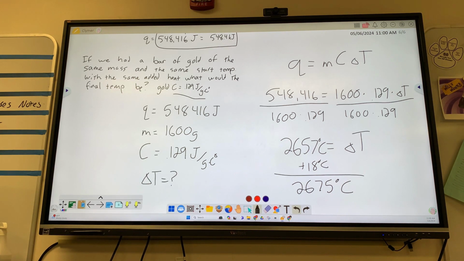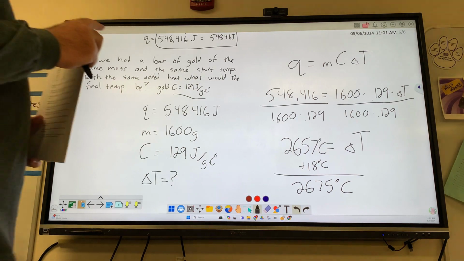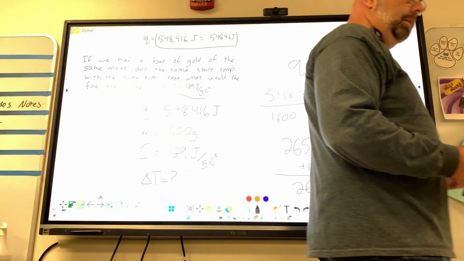So, if we put the same amount of heat into the same amount of gold as we had water, the temperature increase would be significantly more. We would have a pot of molten gold. Could you drink it? It would probably be the last thing you ever had to drink.